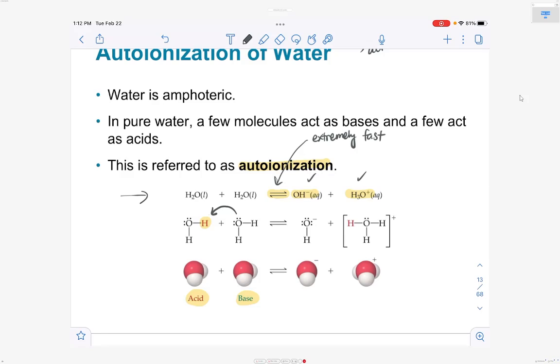And water molecules actually don't remain ionized for too long. Only about 2 out of 10 to the 9 water molecules are ionized at any given instant.